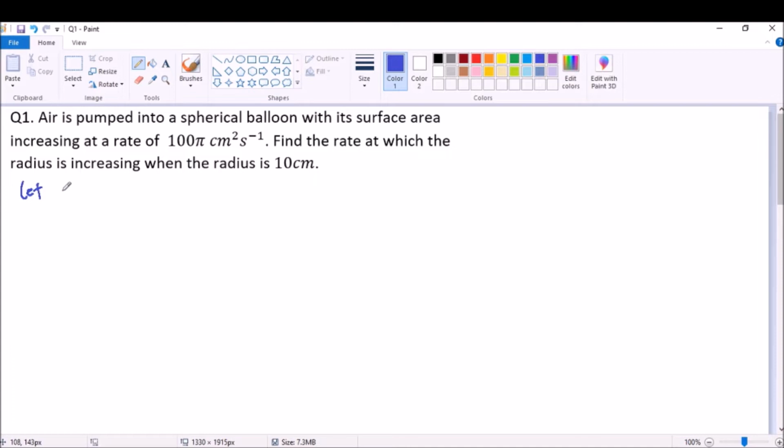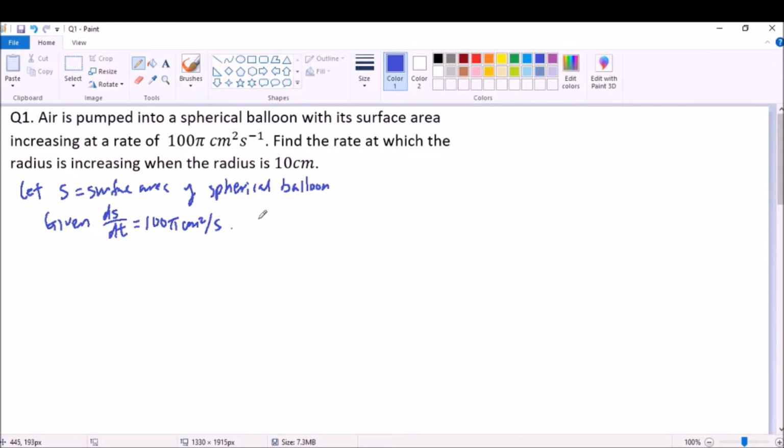If we let S be the surface area of the spherical balloon, we are given dS over dt as 100 pi cm squared per second.